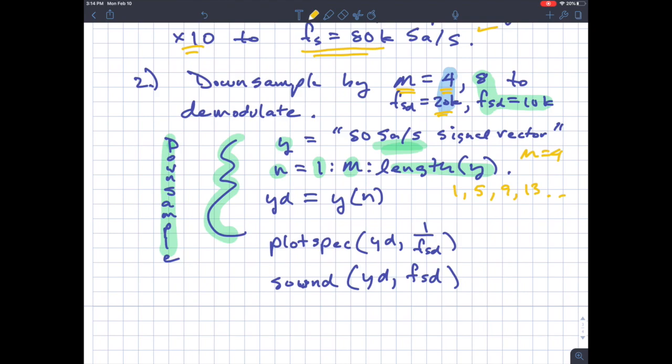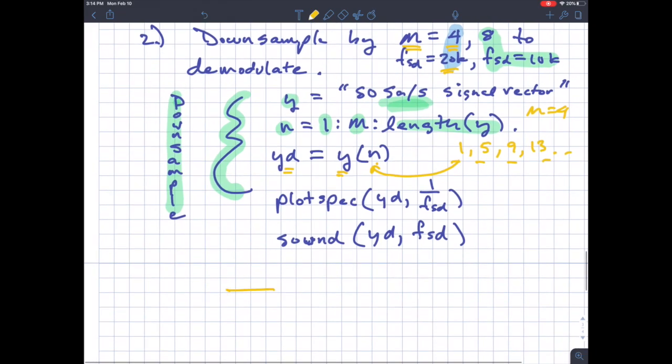Then when I take y of n, I only return these samples and discard samples 2, 3, and 4. I return that into yd, so yd is essentially y downsampled by m.